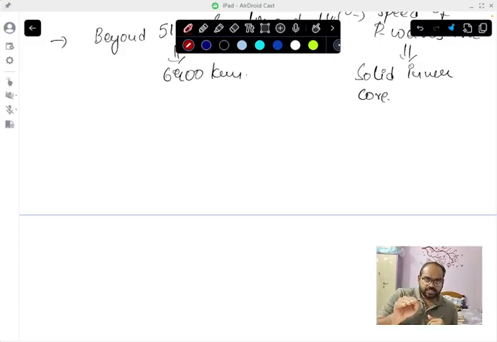Likewise, with this release of energy, the epicenter, that is the point on the surface of the earth which experiences these earthquake waves for the first time from the focus, is called the epicenter. And when this epicenter is found in the ocean, then we can see tsunamis.